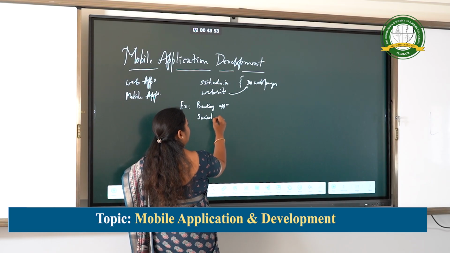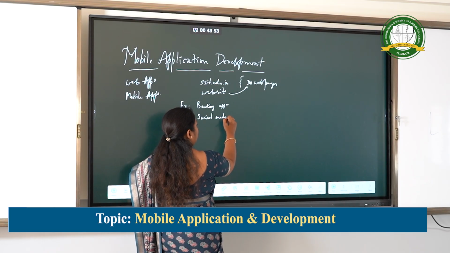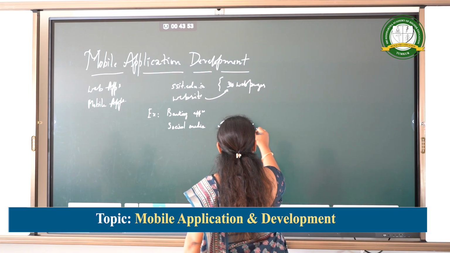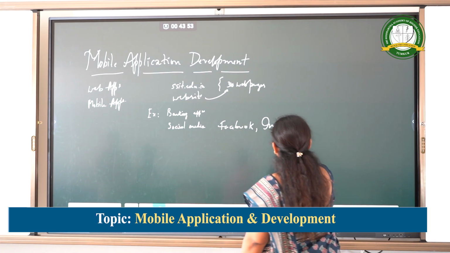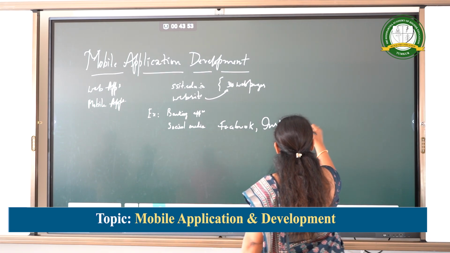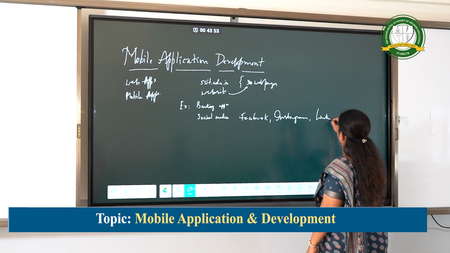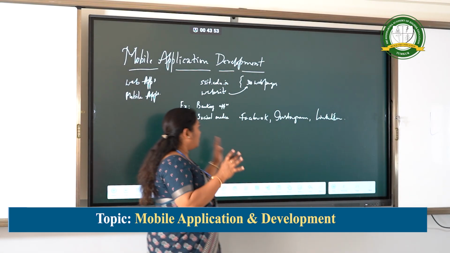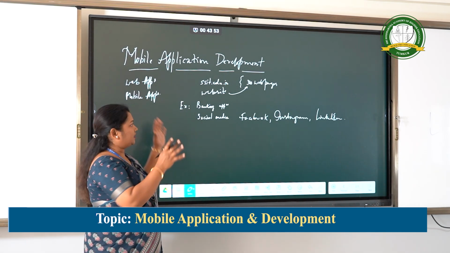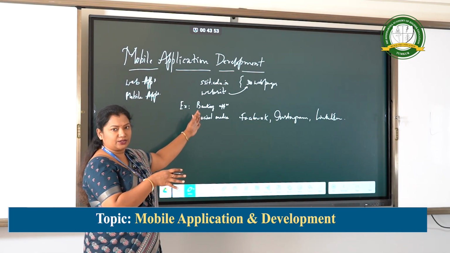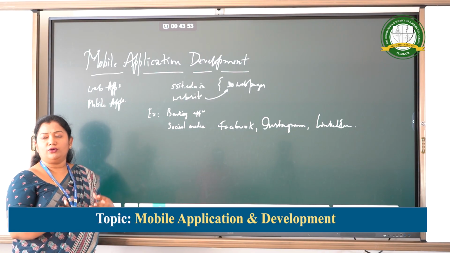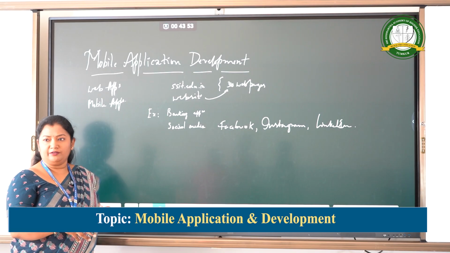In day-to-day life we use many social media applications, for example Facebook, Instagram, LinkedIn. These are what we see as mobile applications. For each web application we have a corresponding mobile application which we can easily download from Google Play Store and install on our mobile devices.